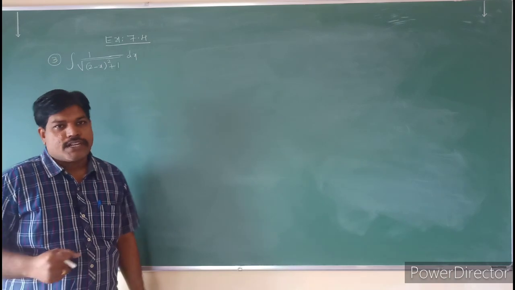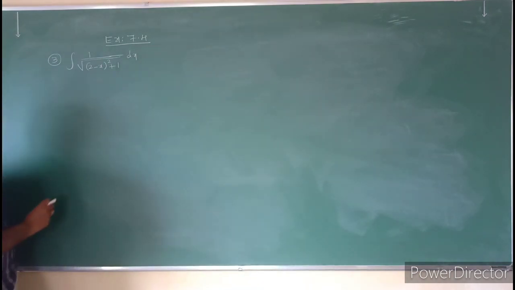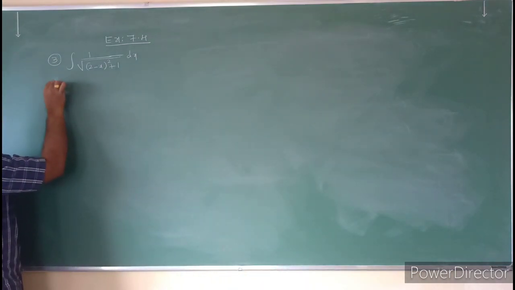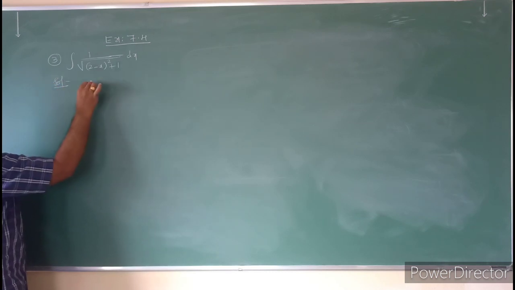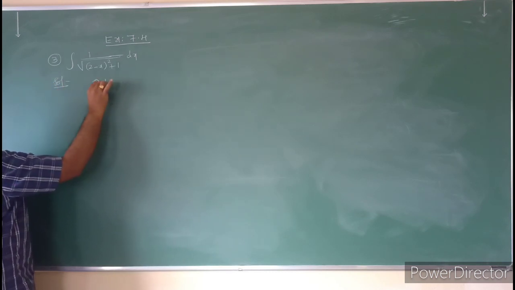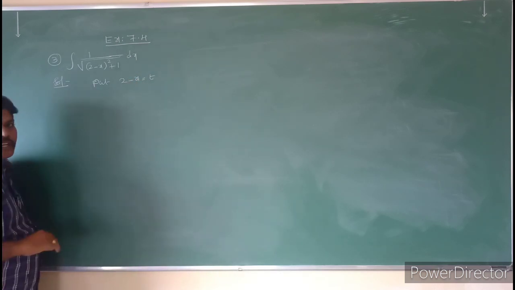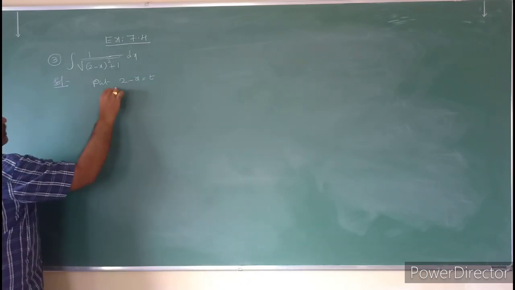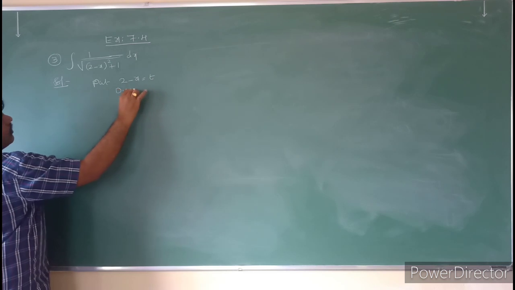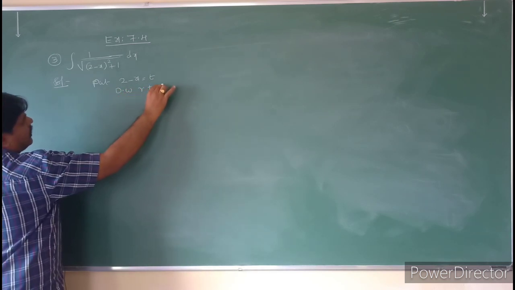So see students, here it is easy to take that. So what is the solution? First you can put 2 minus x is equal to t. First take 2 minus x is equal to t. Differentiate with respect to t.